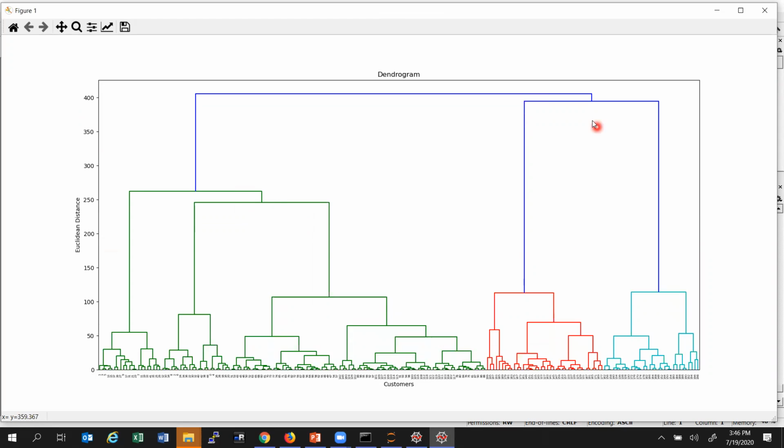The part above this horizontal line is nothing but this much. So you can see it is roughly 400 and around 260 to 400, 140 or 135 something. And down the other part is this one.